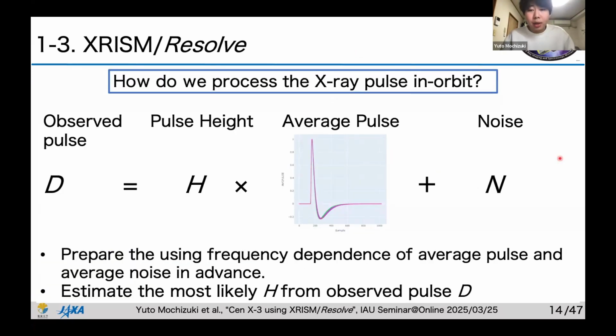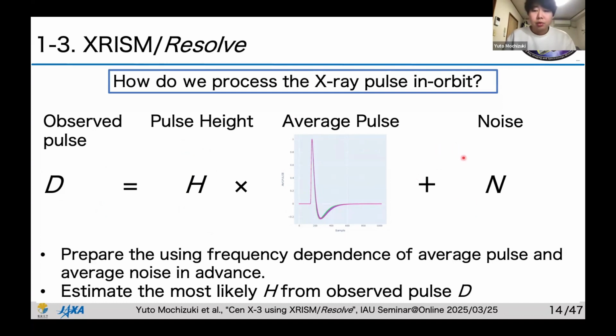The pulses of X-ray events detected by the X-ray microcalorimeter are initially processed on board the spacecraft. When the observed pulse is D, this is explained by the pulse height H and the normalized average pulse and noise spectrum.